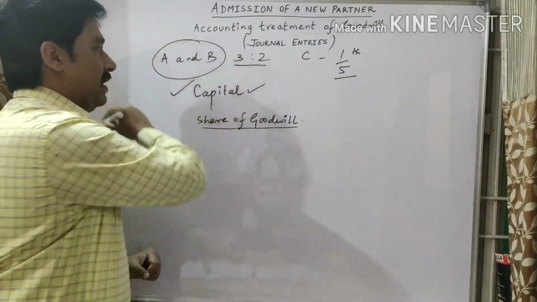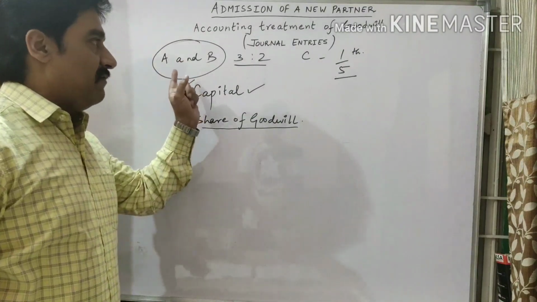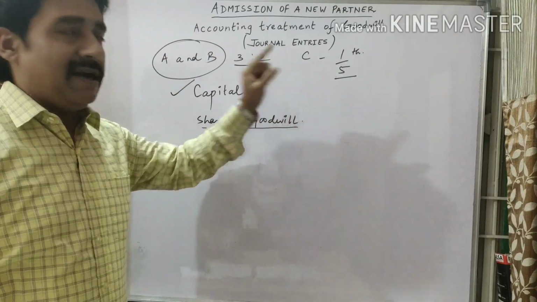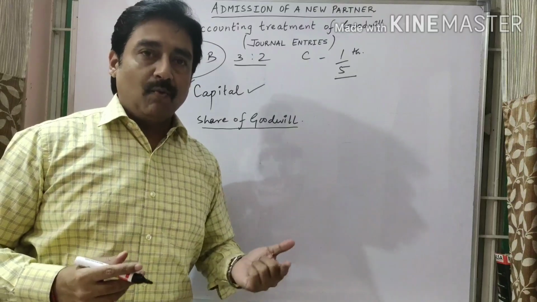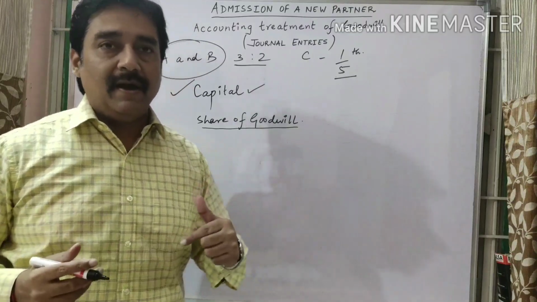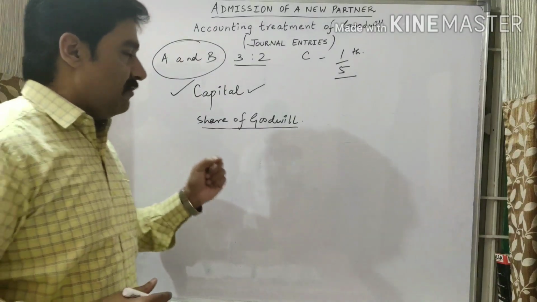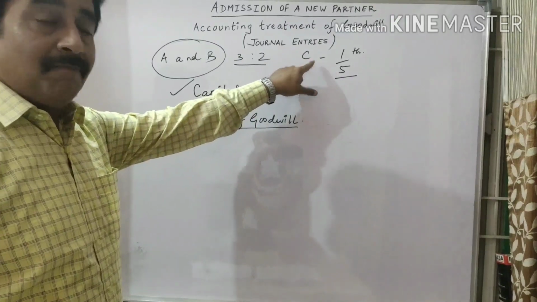Therefore, if A and B are the old partners in this situation, A and B will be the ones who sacrifice in order to accommodate C into the firm. Because of C's admission, their share is decreased, or in other words, they will be sacrificing their share of profit in favor of the new partner C.